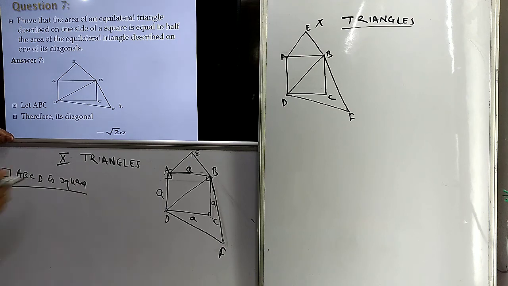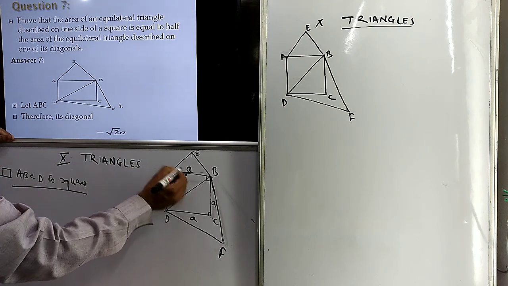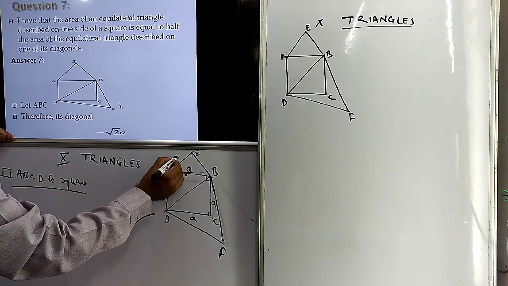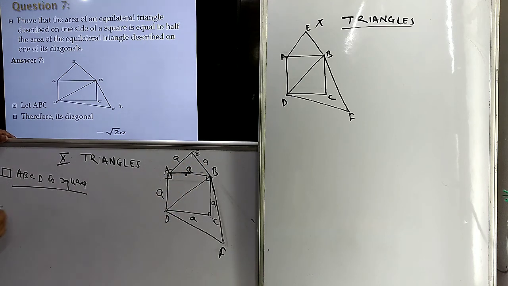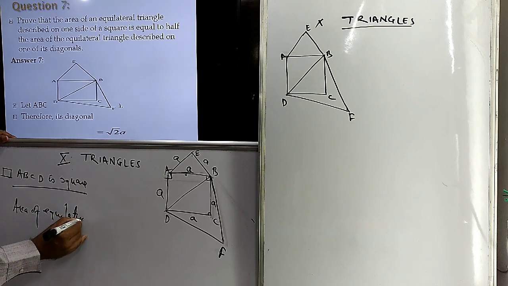The equilateral triangle having side AB, that is A. This side is also A and this side is also A.